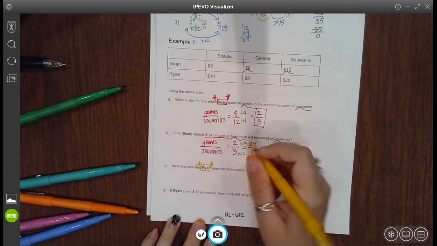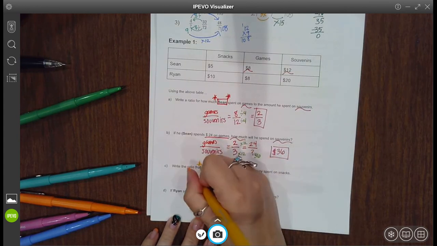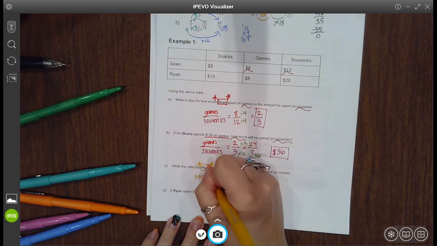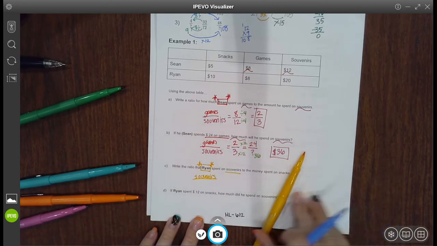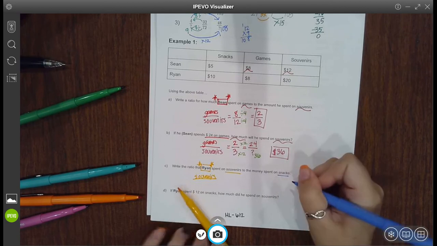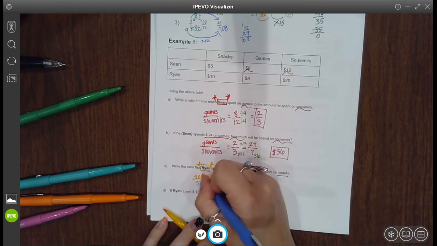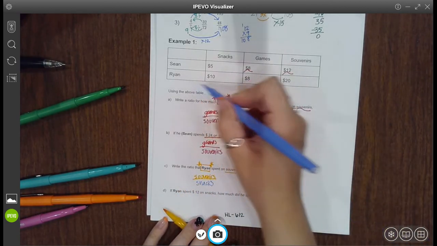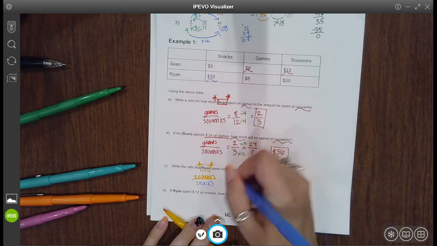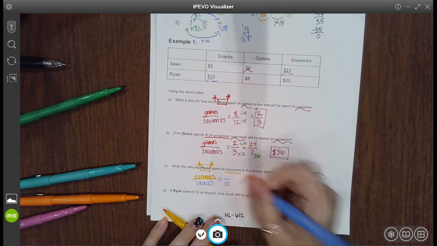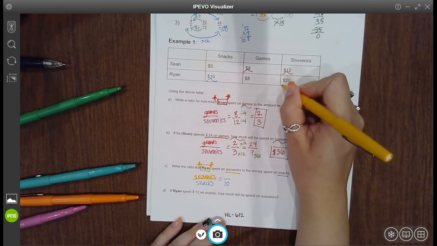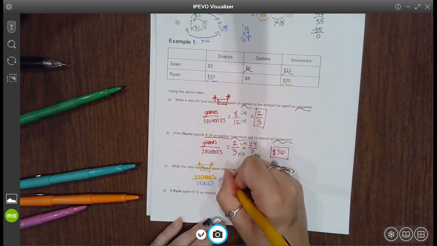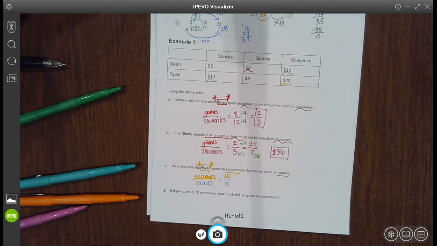Okay, and I want to know how much he spent on souvenirs to the amount that he spent on snacks. Well, Ryan on snacks was 10, and on Ryan's souvenirs, if I look at the table, was 20. Think to yourself, can you reduce that?